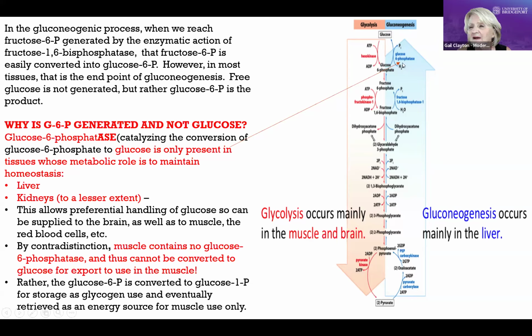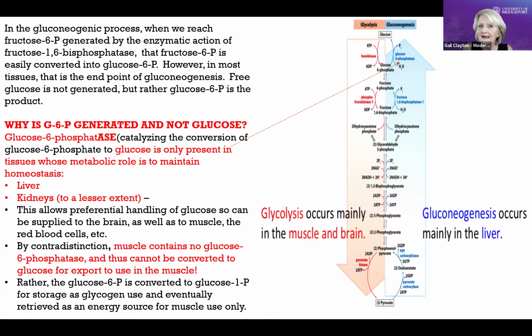And you see right here at the very top of this blue one, I know it's kind of small writing, but if you enlarged it, this glucose 6 phosphatase turns that glucose 6 phosphate into glucose, and that is very easy, and it is what allows us to make glucose.